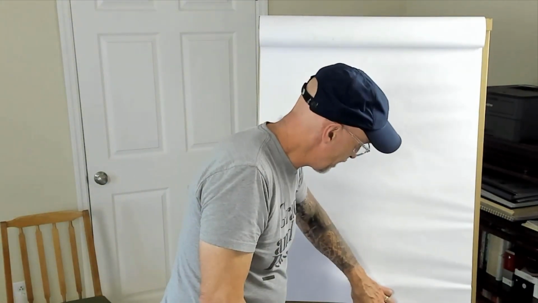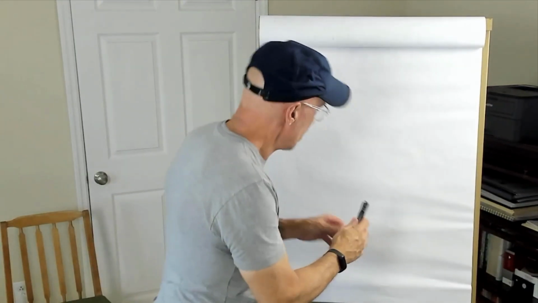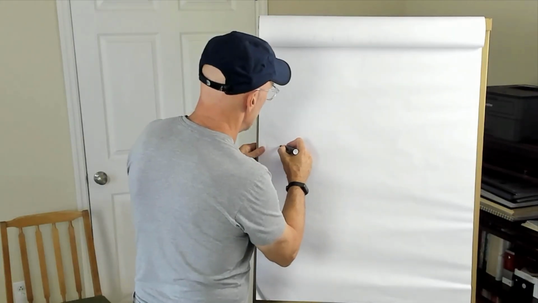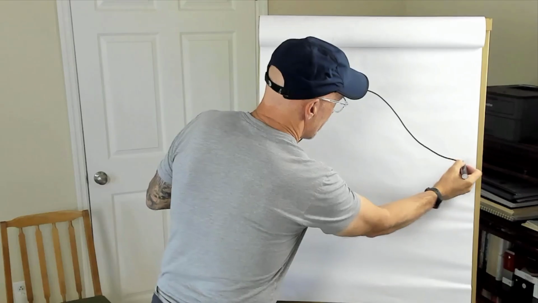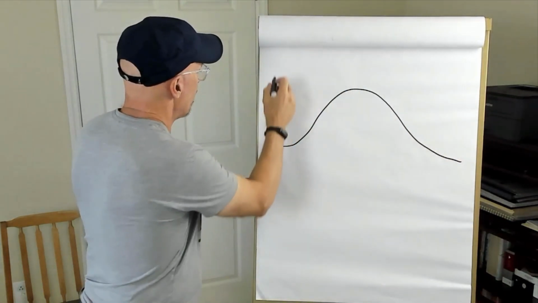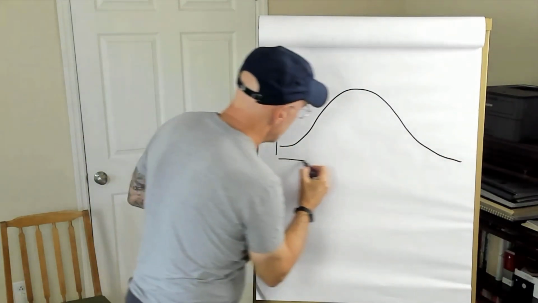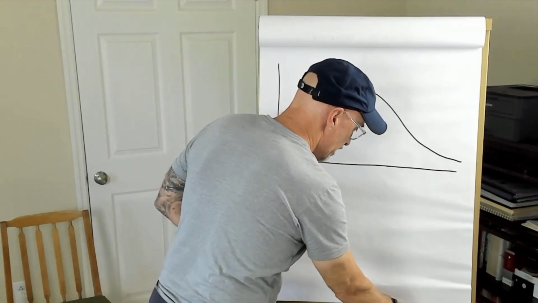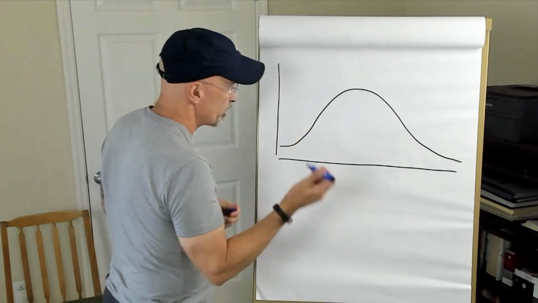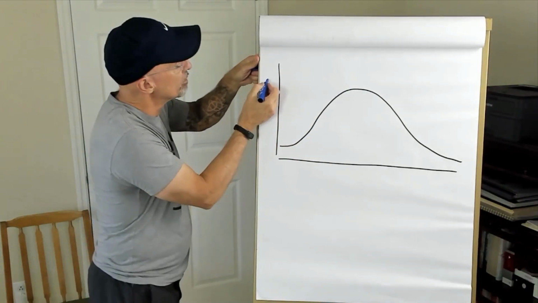So, real simple. I like bell curves, and you've seen it. Yeah, there you go. There's your bell curve. But our two axes that determine this is, of course, effort.